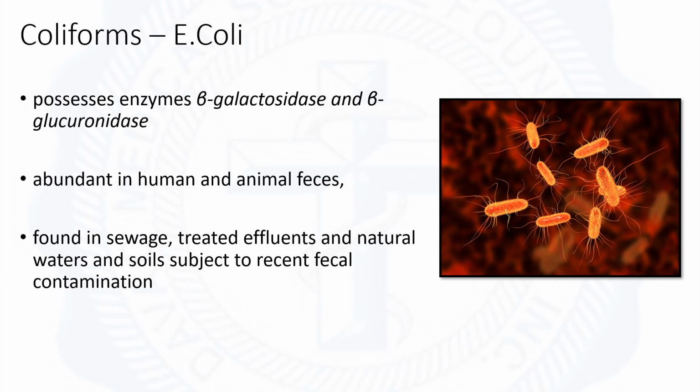E. coli is abundant in human and animal feces, so it is found in sewage, treated effluents, and all natural waters and soils which are subjected to recent fecal contamination, whether it's from humans, wild animals, or agricultural activity. Therefore, there are water analysis techniques which are used to detect specific coliforms such as E. coli.